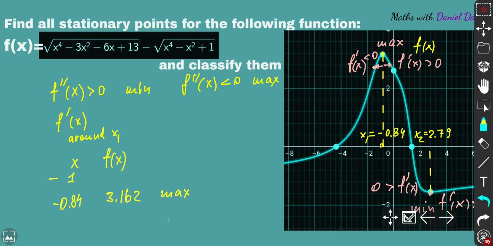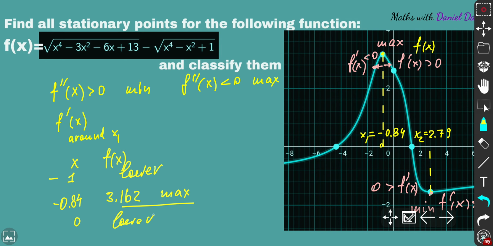And you can calculate at the point, let's say even 0 if you like. If you plug in 0, you'll get 13 square root of 30 minus 1, which is definitely going to be lower than this maximum value. And here the value is going to be lower as well. So you establish that this is the maximum point, okay?